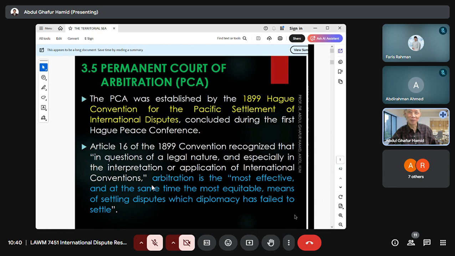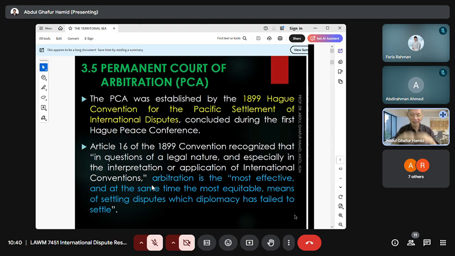Now, diplomacy, I told you in my last class last week, diplomatic means of settling disputes, right? What are the diplomatic means? Number one, negotiation, inquiry, mediation, conciliation. These four methods we call diplomatic means. They cannot make binding decisions, but they are by means of diplomacy.